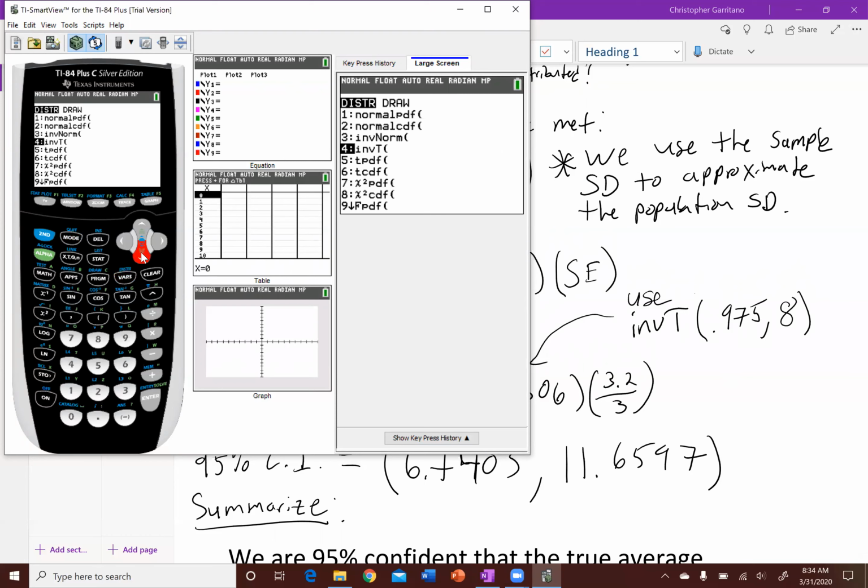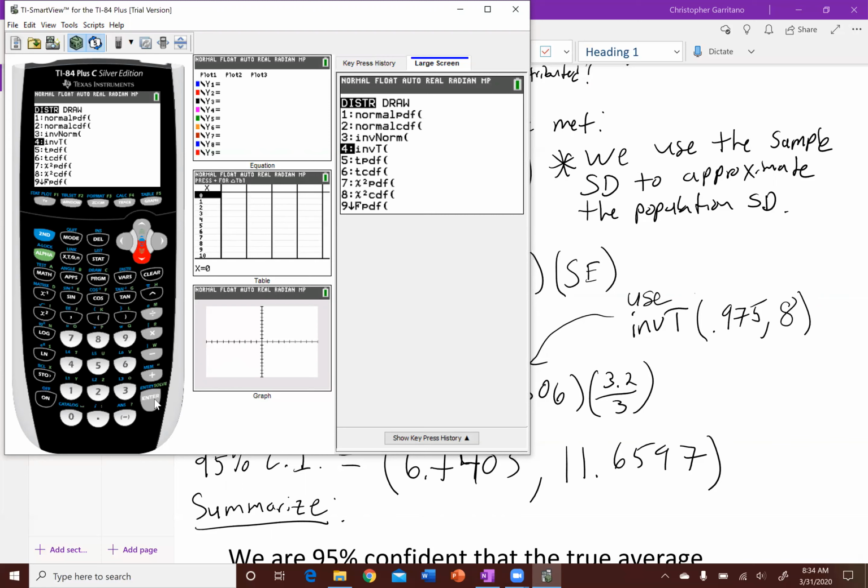Now, I mentioned some of you might not have that, and that's true. Some of you actually might not have that, in which case you're going to have to use the t table. And so if there are any questions about how to use the t table, please let me know. I think it is fairly self-explanatory, especially since we went over how to use the z table. But again, if there's any sort of issues you have, please let me know.